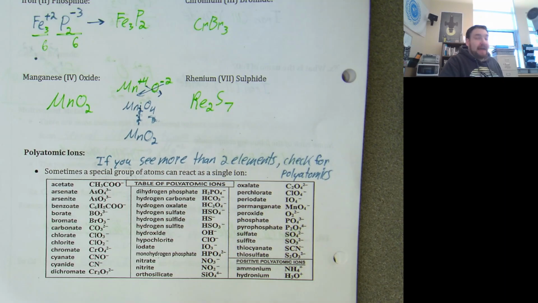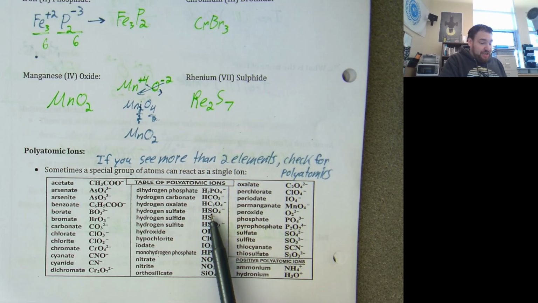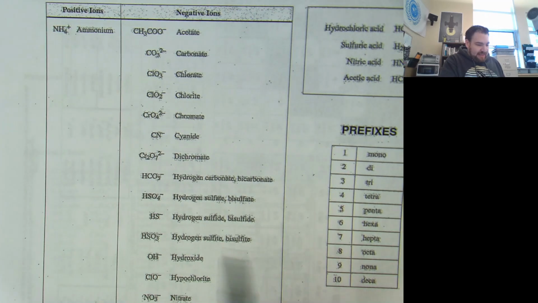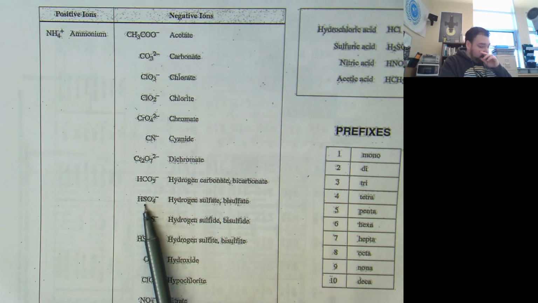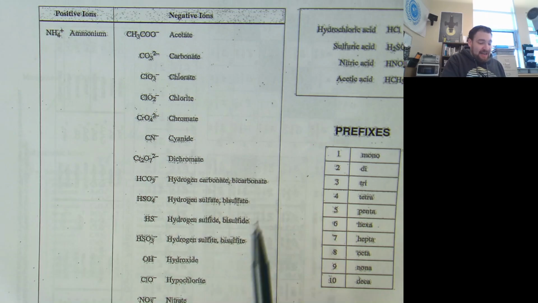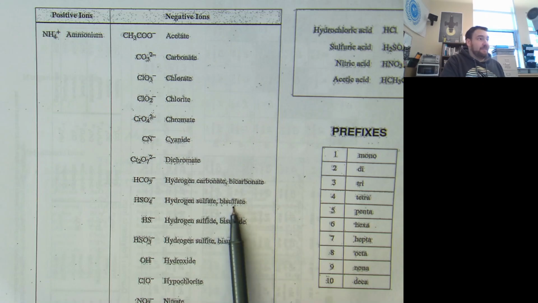An example is, on this particular table, I've got HSO4 right here. The name on this chart is hydrogen sulfate. But if you look on this chart, that same compound, HSO4, has 2 names listed: hydrogen sulfate, and after the comma, bisulfate.